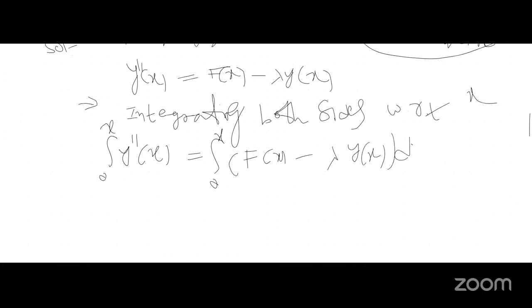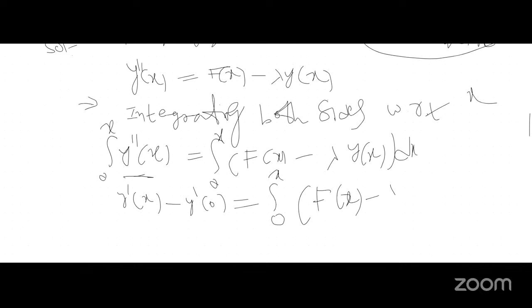Now this integration value becomes y dash of x minus y dash of 0, equal to integral 0 to x of F of x minus lambda into y of x dx.